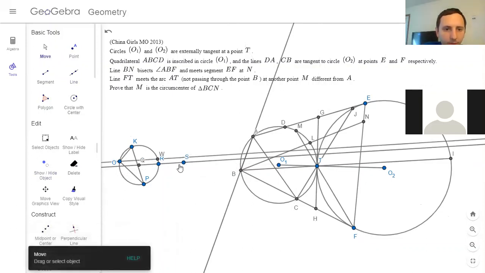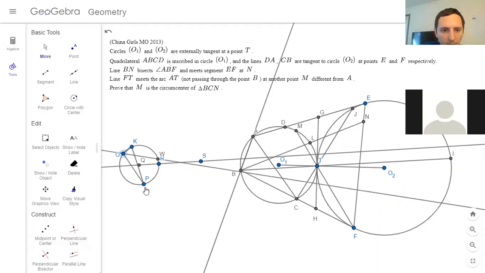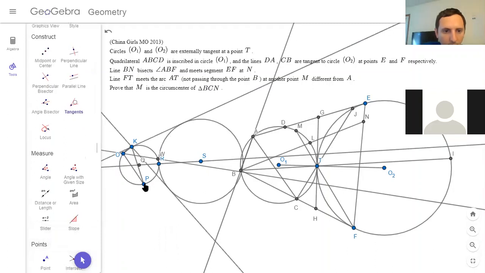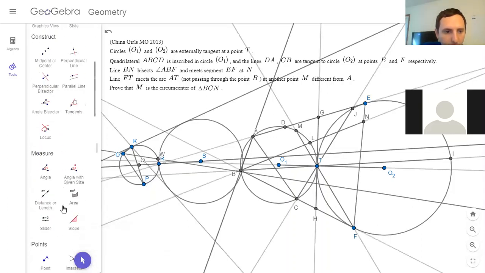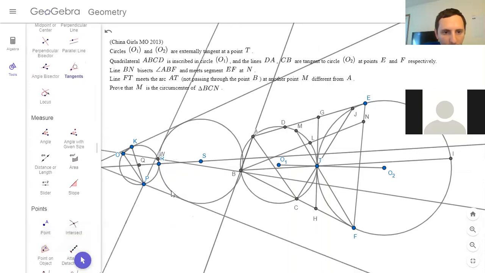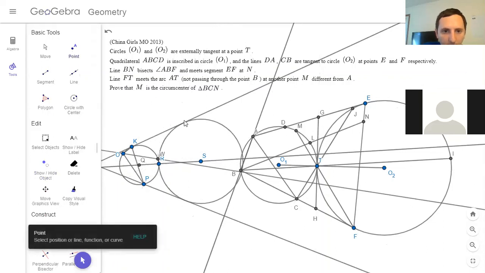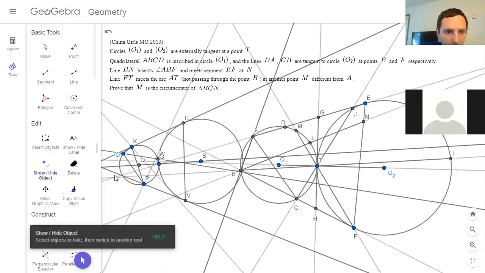Oh, the angle bisector. Okay. So we draw the tangents. Maybe they're already there, I just need to unhide them. We draw these two points. We want to show the excenter lies on UV.